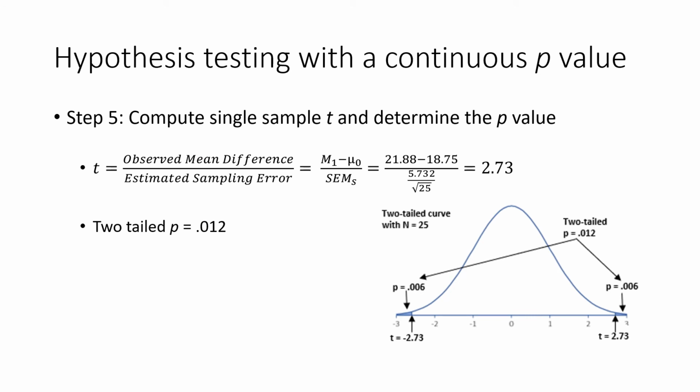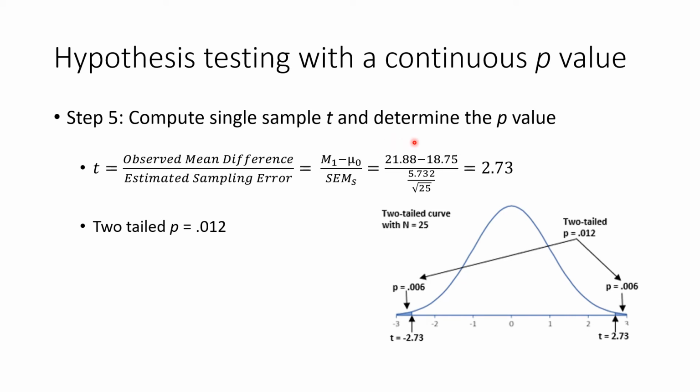The next step is to actually compute the single sample t and then determine the p-value. As you can see, for the single sample t, you take the observed mean difference and divide by estimated sampling error. That's the mean that comes from the sample estimated wage, which is right here, $21.88. That's what they estimated.